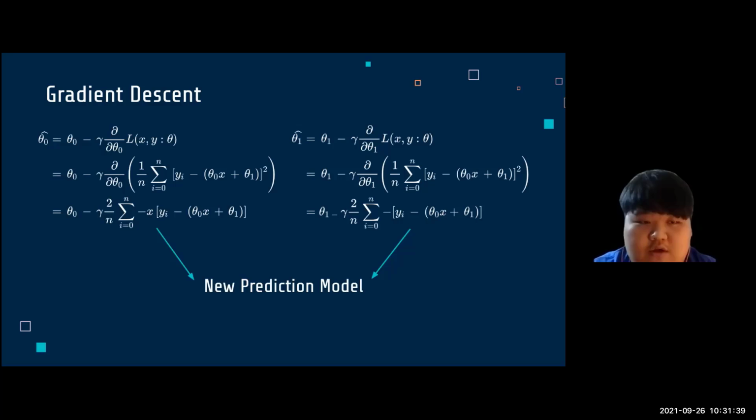And we subtract dx times the derivative of the loss function to get new values for theta null and theta 1, represented as theta null hat and theta 1 hat here. Then by combining this, our new prediction model will be weight equals theta null hat times height plus theta 1 hat.